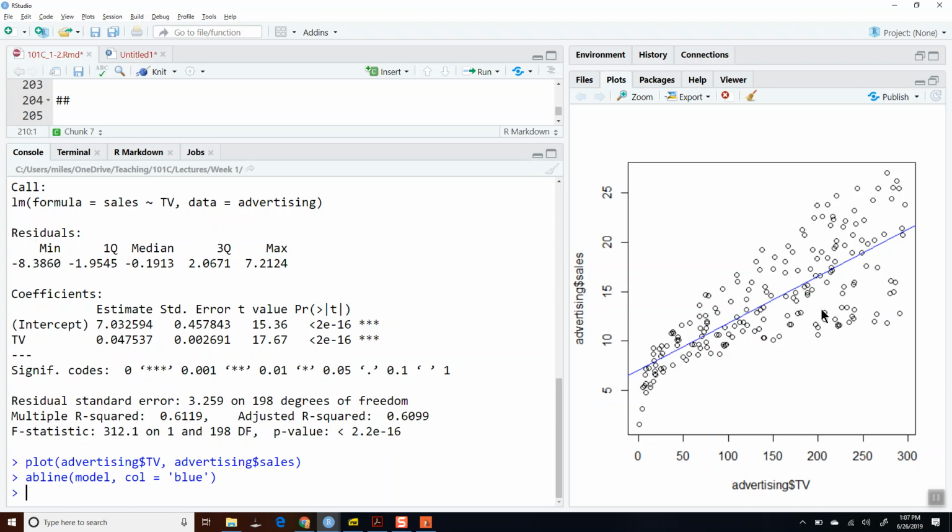On average, the dots deviate from this in the realm of around 3.259, and this is measured in thousands of dollars. Sometimes it's bigger, sometimes it's lower. Standard deviation is kind of like your typical amount of deviation. Okay, and so that's what we've got there.